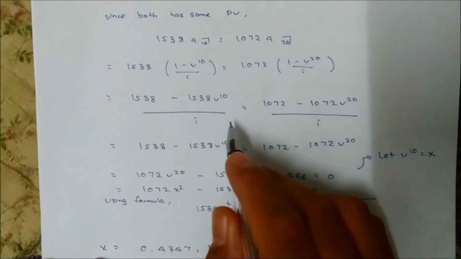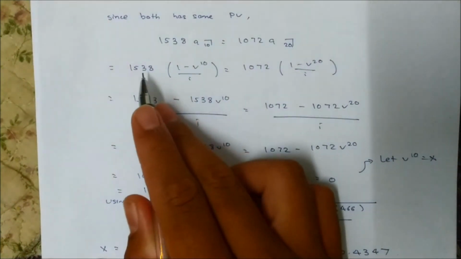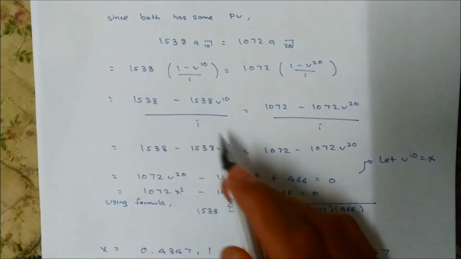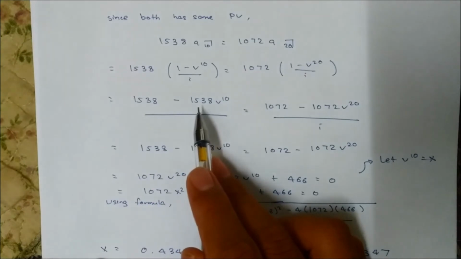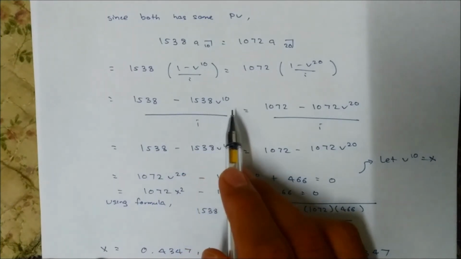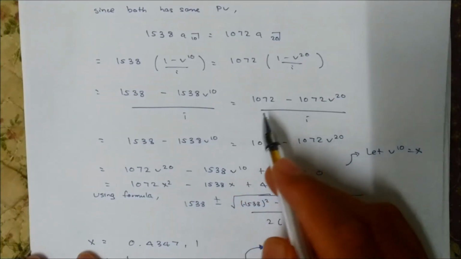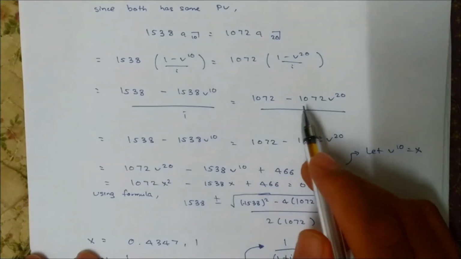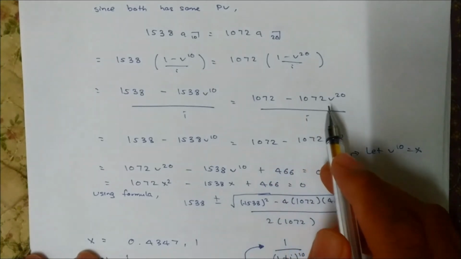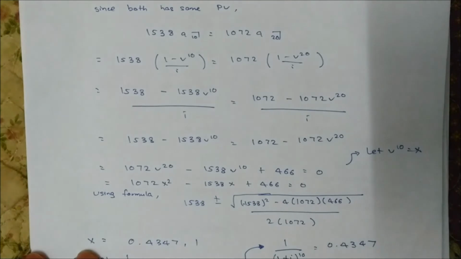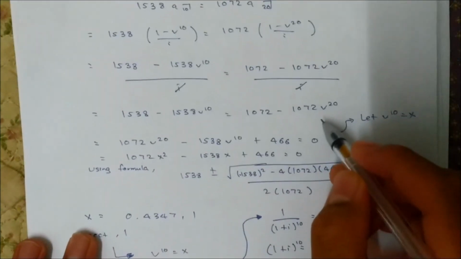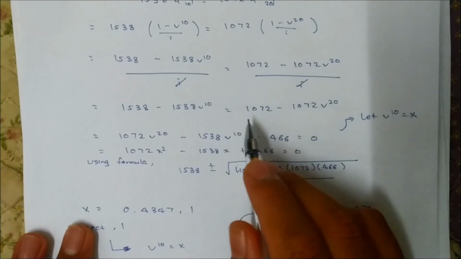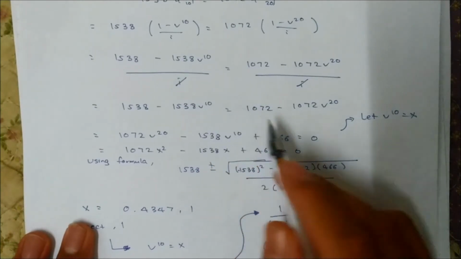We will expand the equation here, which will become 1538 minus 1538 v to the power of 10 over i equals 1072 minus 1072 v to the power of 20 over i. So both i can be cancelled out, and we'll be left with this expression.